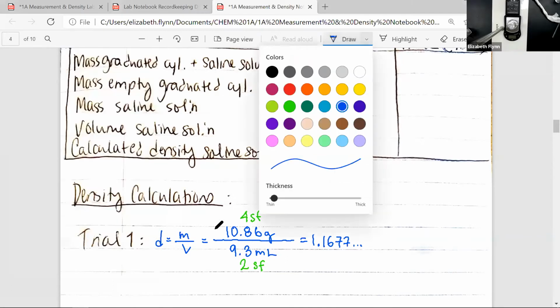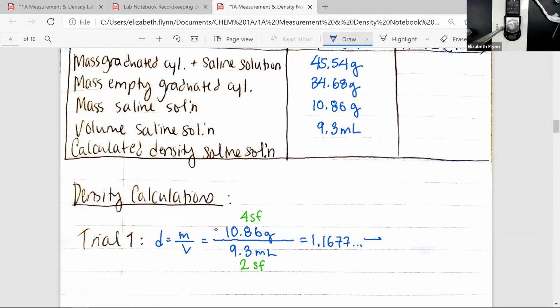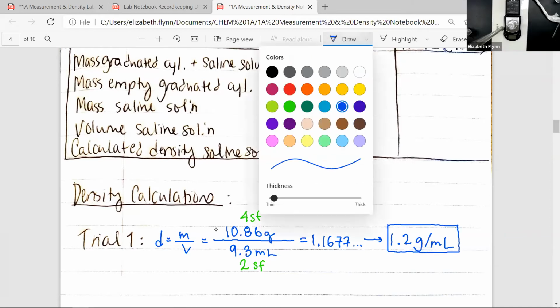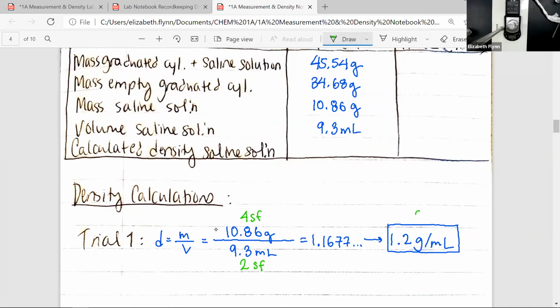So let's do that. 1.2 grams per milliliter. Let's make sure we write that in our final table. 1.2 grams per milliliter, and that's just about what the density of a saturated saline solution is.